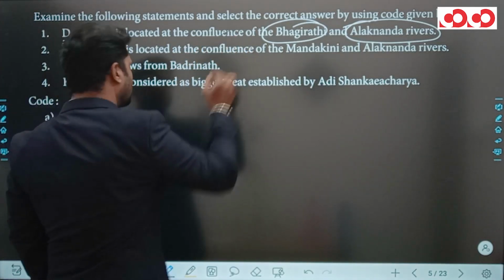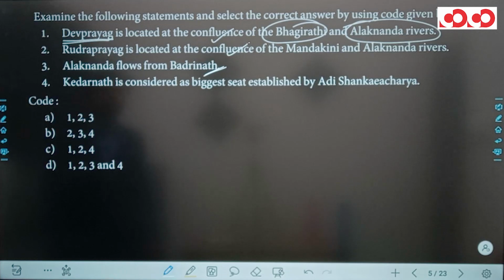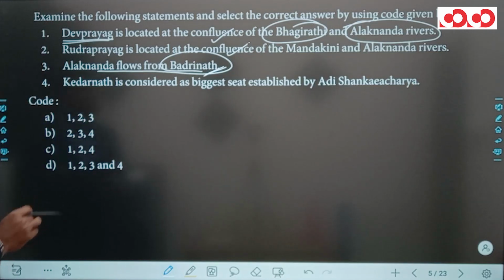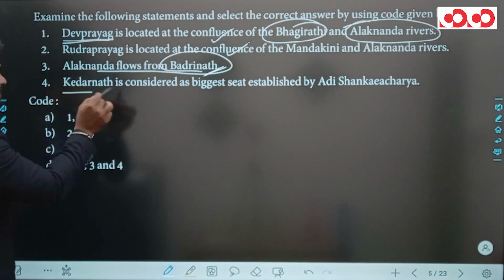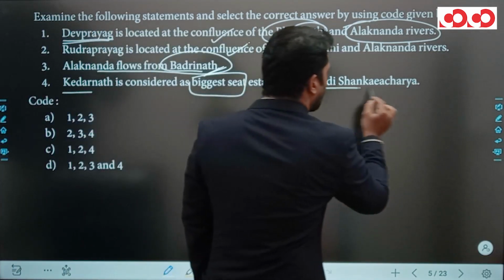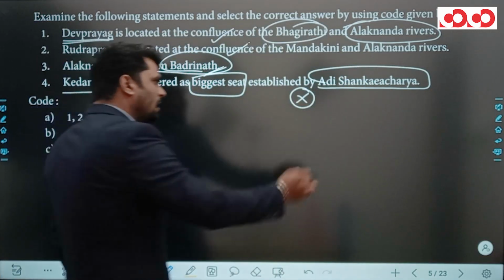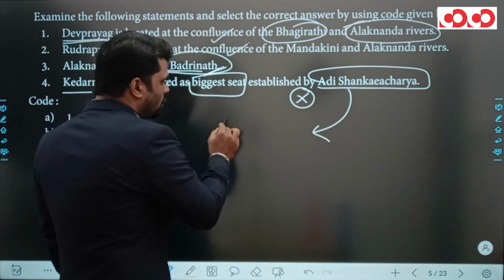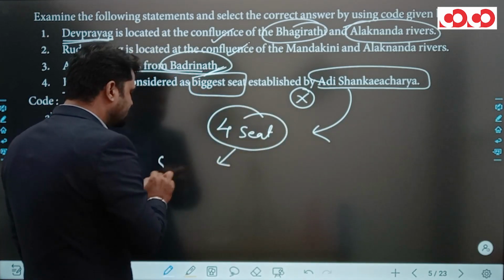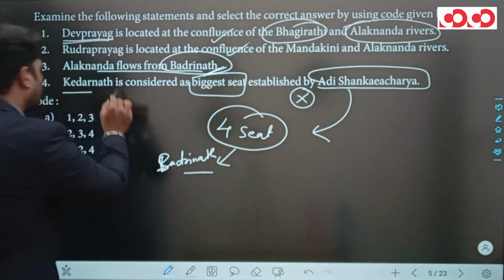Clear? Both these statements of this question are correct, and the third statement is also correct because yes, Alaknanda flows from Badrinath. The origin place of Alaknanda is Badrinath. Let's come to the fourth statement. Kedarnath is considered as the biggest seat established by Adi Shankaracharya, and this statement is wrong because Adi Shankaracharya established around 4 seats, and one of the seats is in Badrinath, not in Kedarnath.